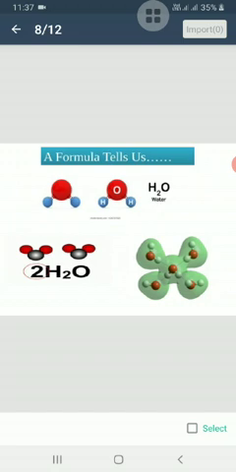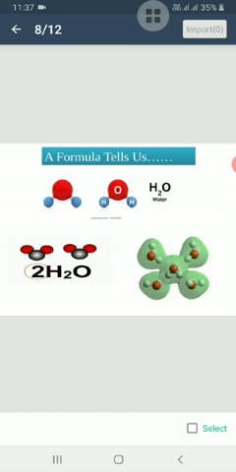In water there are two types of elements, oxygen and hydrogen. And a molecule of water contains two atoms of hydrogen and one atom of oxygen. So the formula tells us how many atoms of each element are present in the compound.